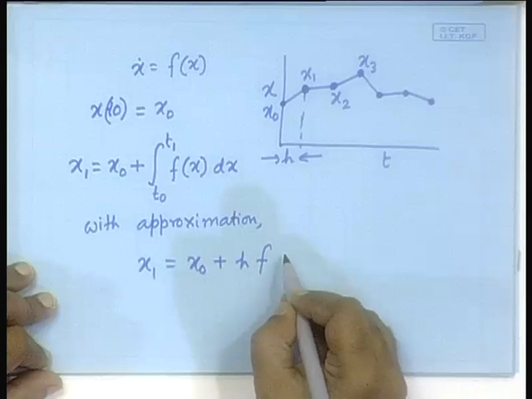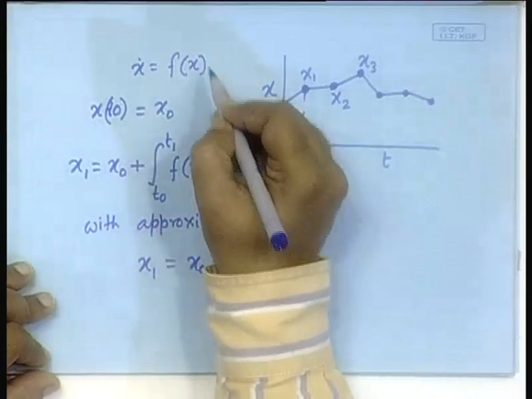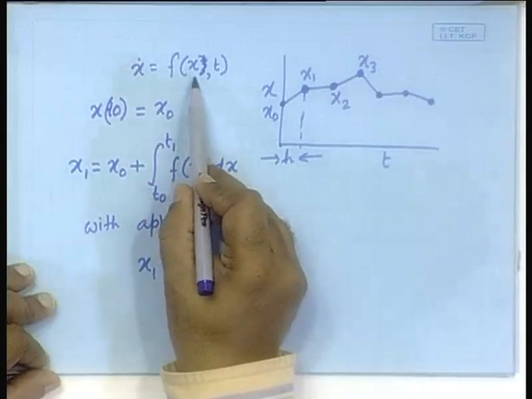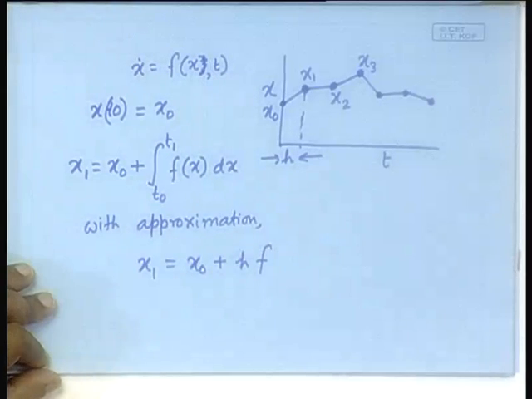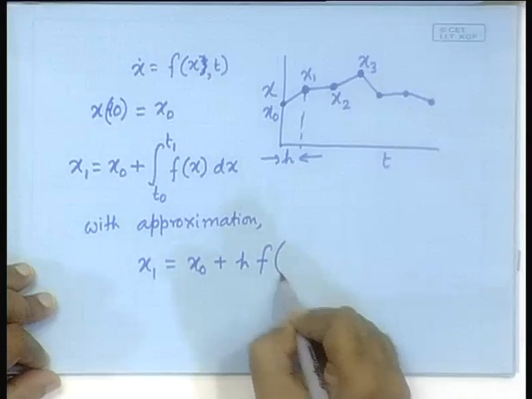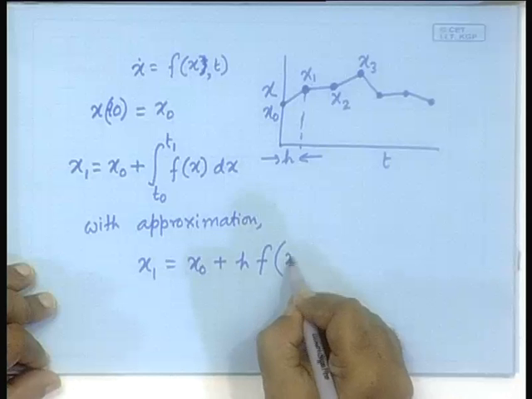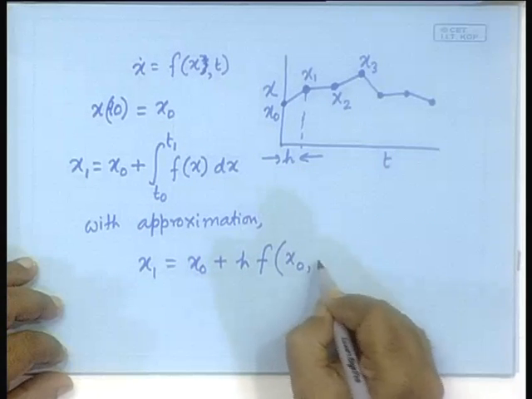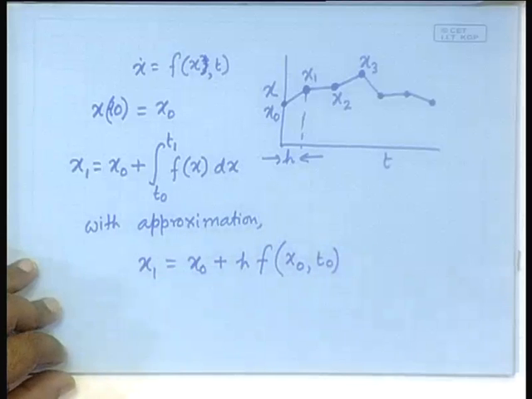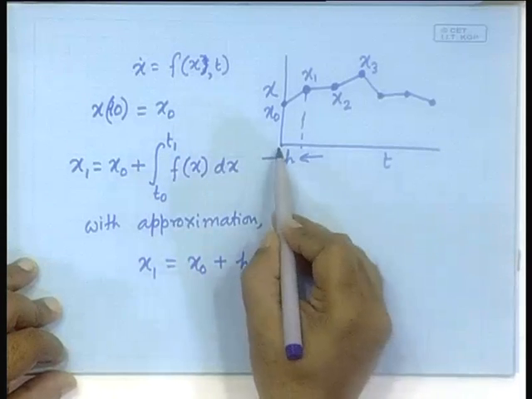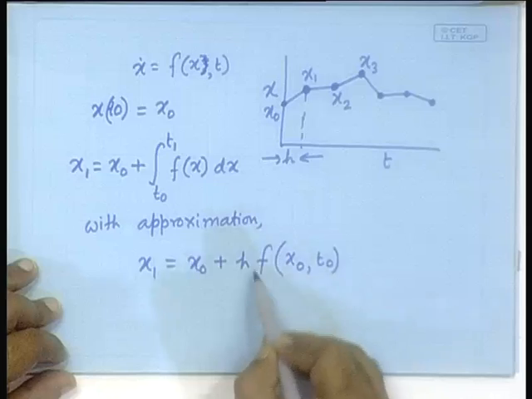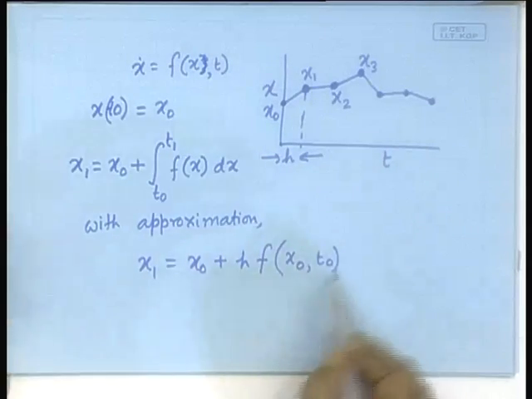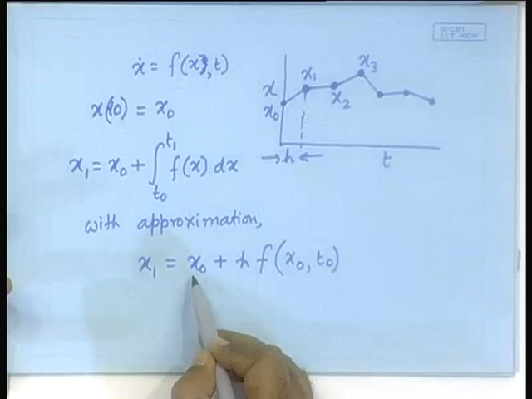f of it is actually I should say also dependent on time. So, it is not only dependent on x, but it is also dependent on time. So, f of x naught and t naught. Okay. So, at t naught whatever was the x naught, f is calculated on the basis of that times h, the time is what you have to add to the original value.